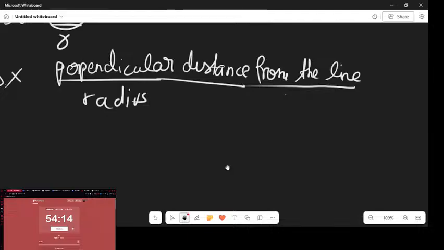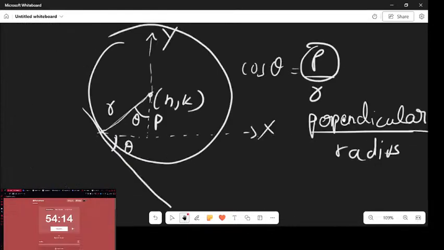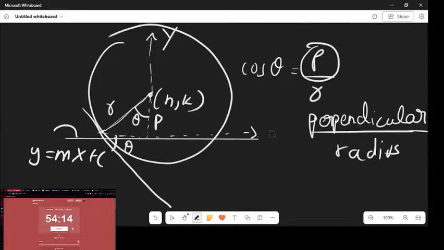So I understood it here. This is the line y is equal to mx plus c.